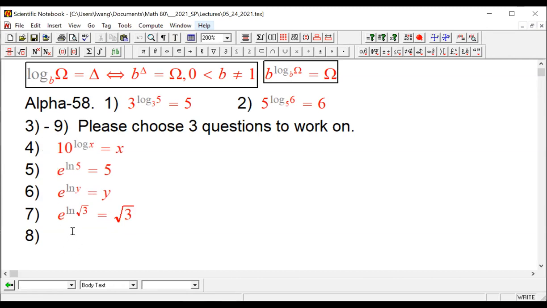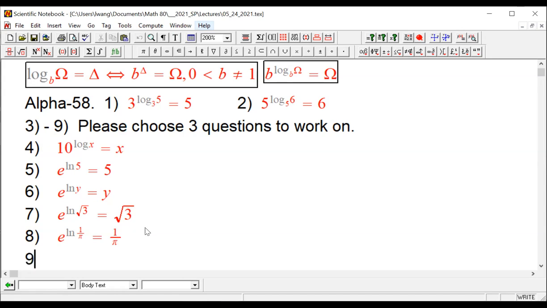Number 8 is e raised to the power of ln of 1 over pi. And the answer is 1 over pi. Right? Is that pretty neat?